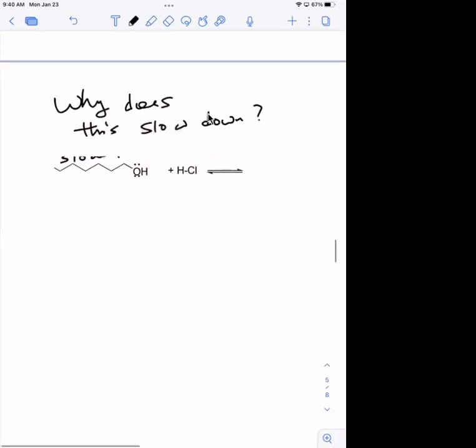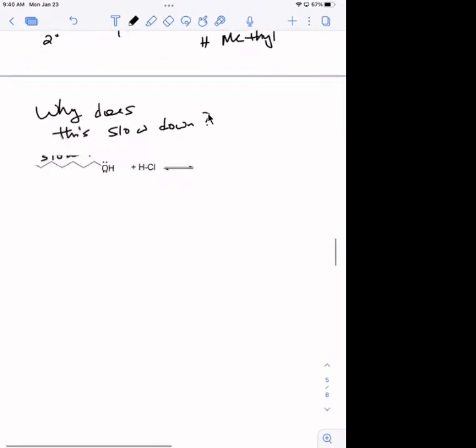Let's say it doesn't change mechanisms and it does go through a SN1. Let's answer this question about why it slows down. So what's the first step here? What are we doing? We're trying to convert this alcohol into an alkyl halide. What is the first step in this reaction?